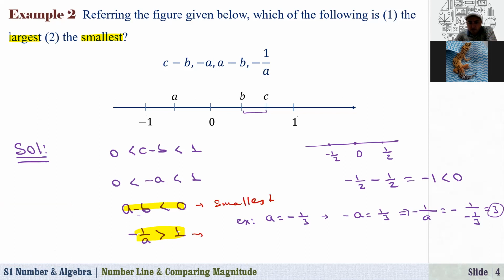Because we are sure that minus 1 over A is greater than C minus B, which is greater than minus A, this A minus B is the smallest, and minus 1 over A is the greatest.